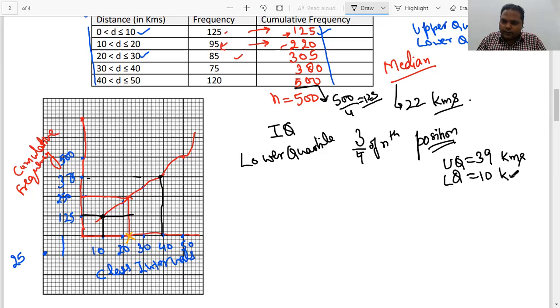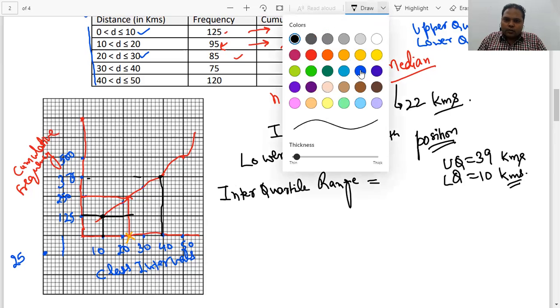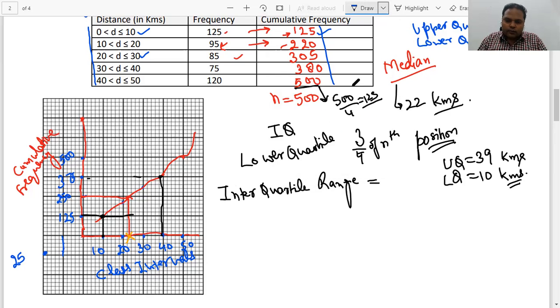Okay. Now, interquartile range of any data is equal to the upper quartile, that's UQ, minus lower quartile, that's LQ.